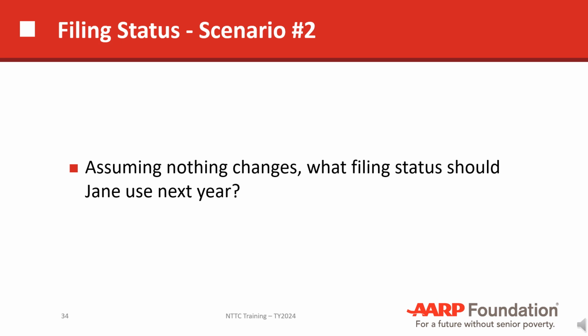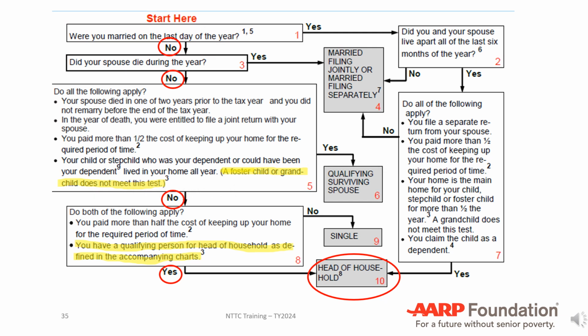Assuming that nothing changes, what filing status should Jane use next year? Well, this one's a little more involved. So we start at the top. Were you married on the last day of the year? The answer is no. Did your spouse die during the year? The answer is no. And then do all the following apply? So you got 4 bullets.